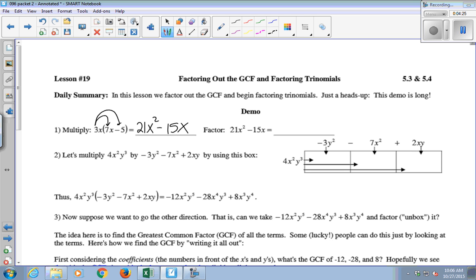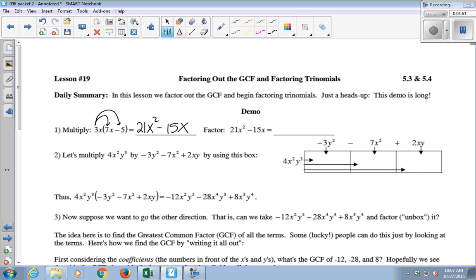Okay, so I can give you the multiplication problem, 3x times 7x minus 5, and you can multiply it together and get 21x squared minus 15x. I could also give you this problem in reverse. I could have you start with 21x squared minus 15x and tell you to factor it. That means rewrite it as a multiplication problem. Okay. So how would I do that?